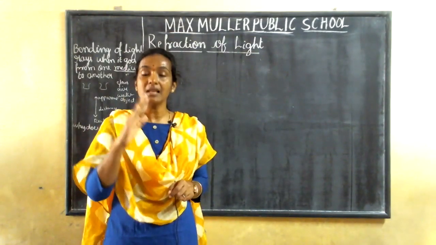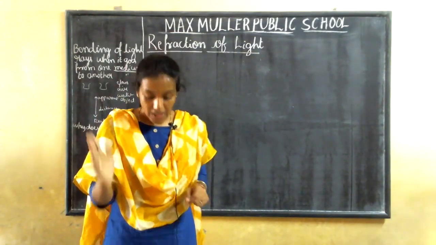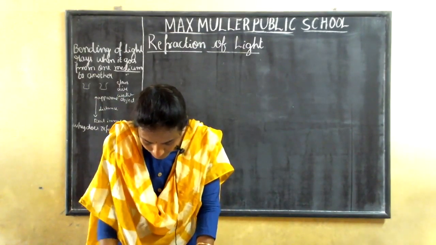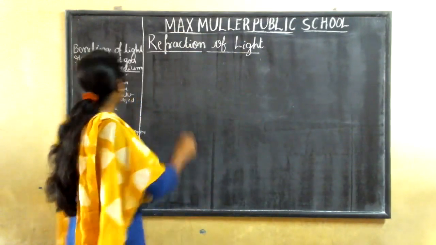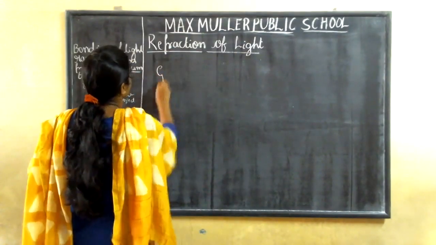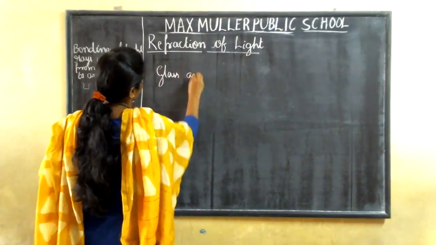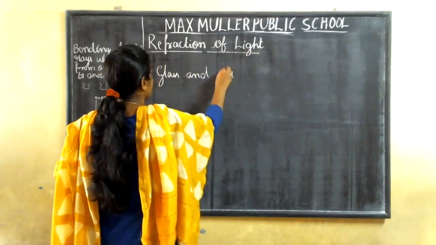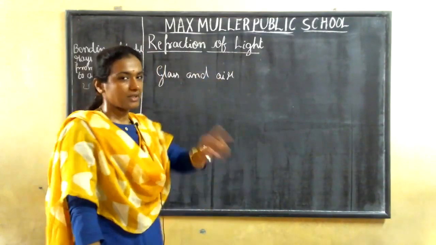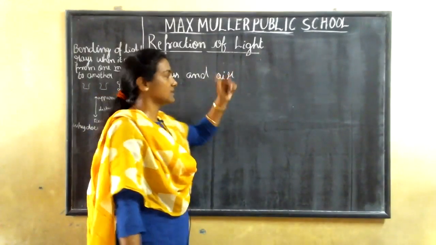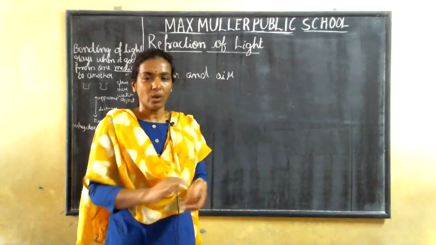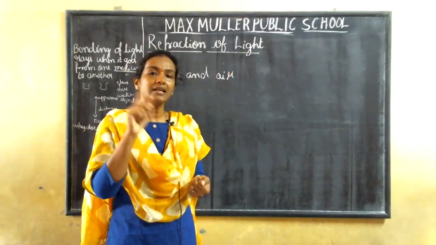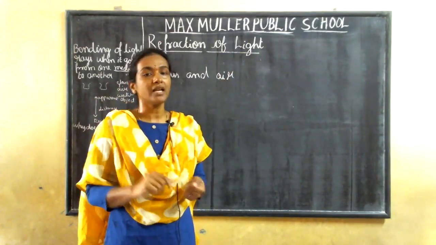The speed of the rays is different in different media, right? Consider glass and air. I'm taking two media here, one is a glass medium and another is an air medium. Why does refraction happen? Because the speed of the light rays is different in a different medium.